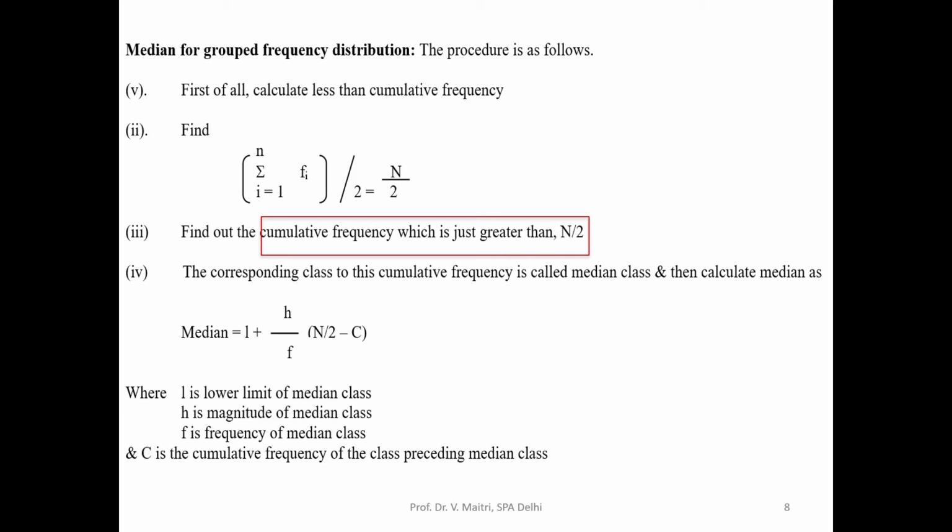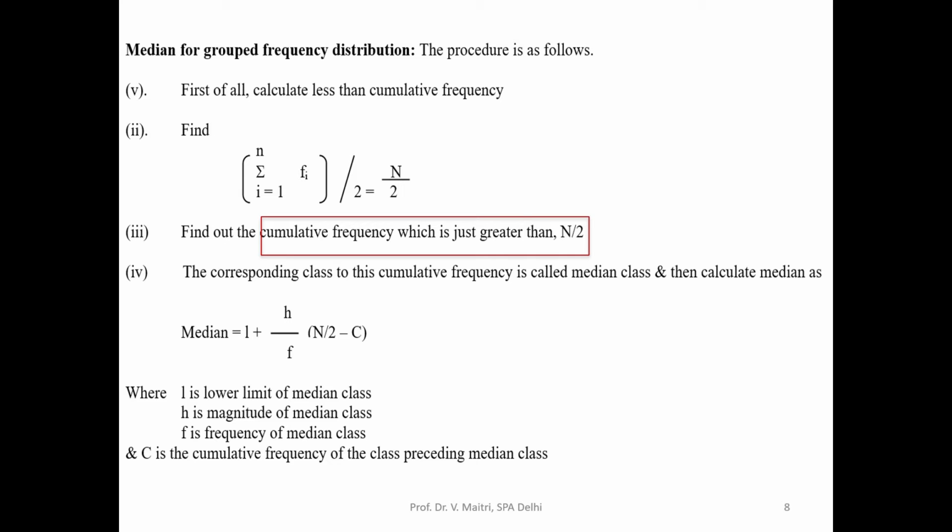Now from the less than cumulative frequency which you have created, find the cumulative frequency which is just greater than N by 2, as we have done earlier. The corresponding class to this cumulative frequency is called the median class, and now we calculate the median by using this median class. So using this formula, that is L plus H by F multiplied by (N by 2 minus C).